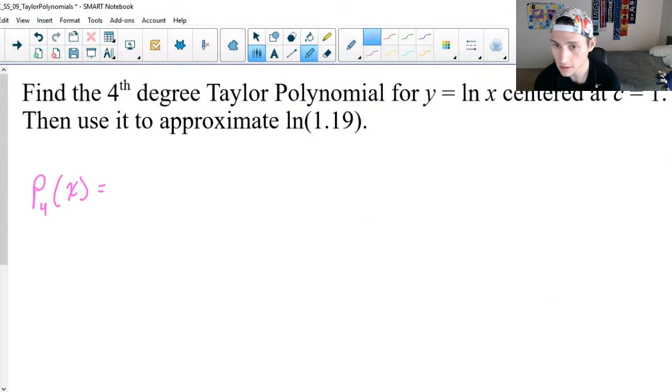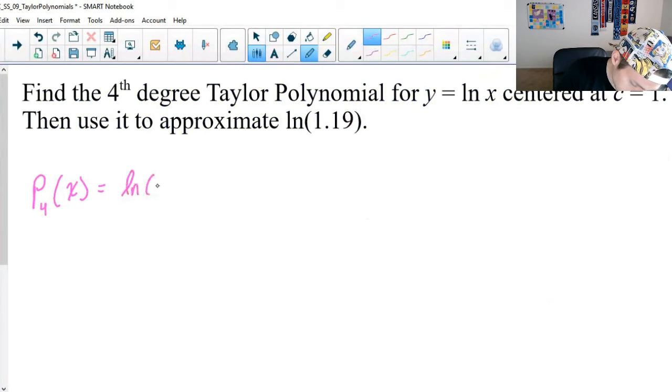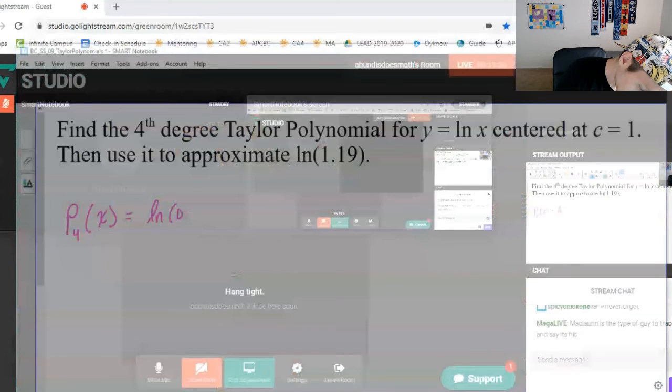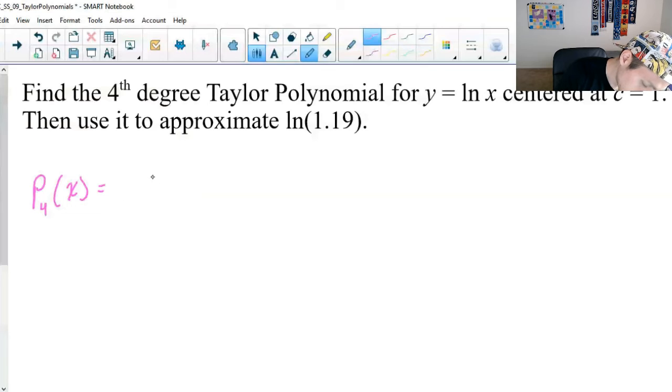Okay, so centered at 1. So our first, not 0, 1. Well, I'll write it like this.